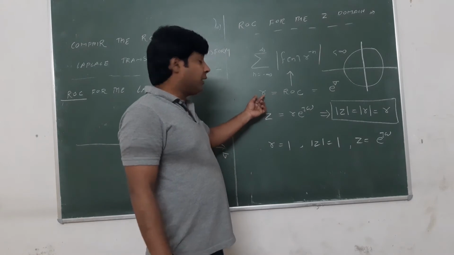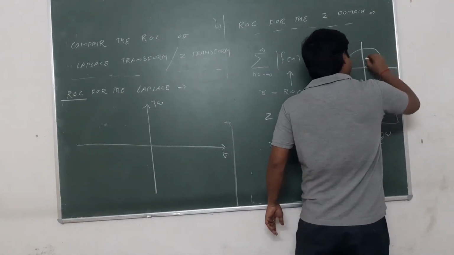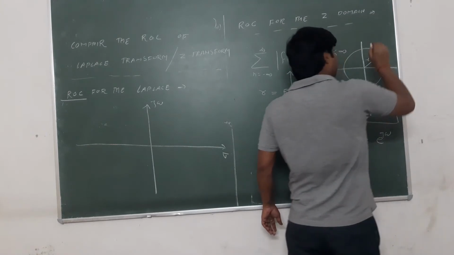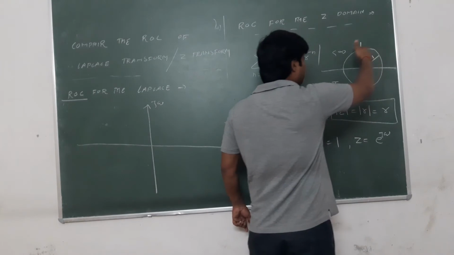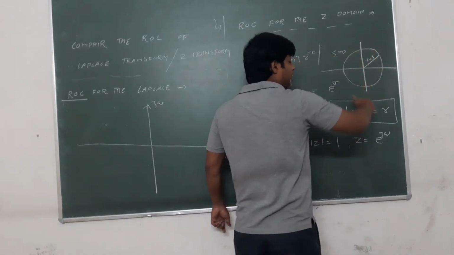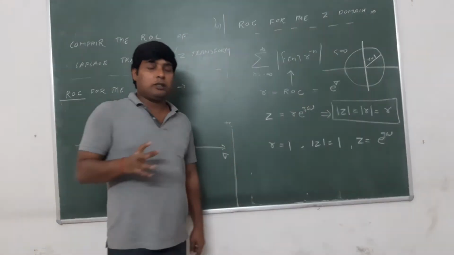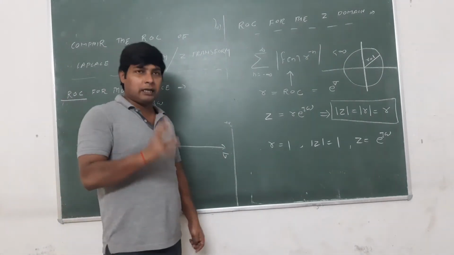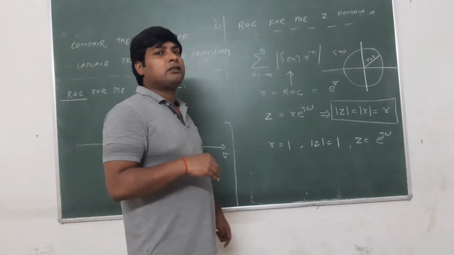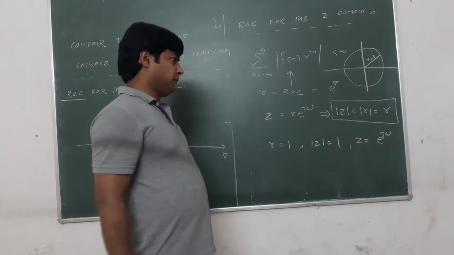This magnitude is also known as r. The r magnitude is 1. The radius of this circle is always equal to 1 and it will move with angular velocity omega. So actually the ROC in the Z-transform is a circle whose radius is variable in nature for different values of sigma.